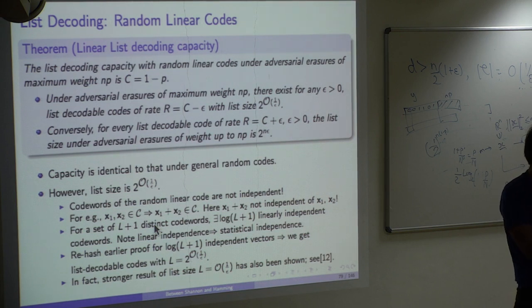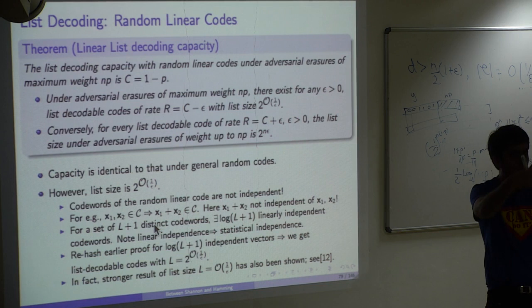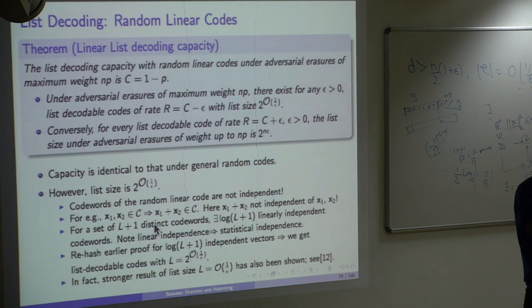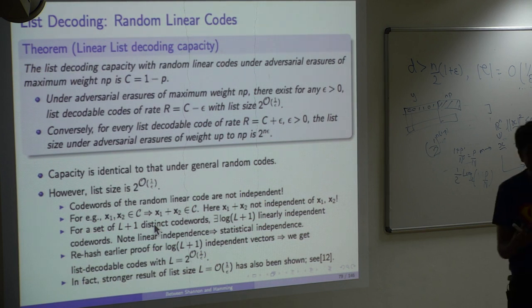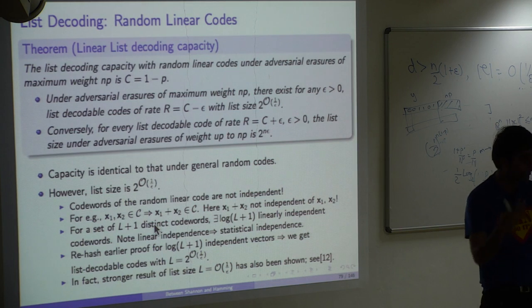Just because given a certain dimension space, you can only have 2 to that many code words within that subspace, right? So the basic observation is this. Given a certain set of code words, there must be a subset logarithmically smaller than that set size, which are linearly independent.